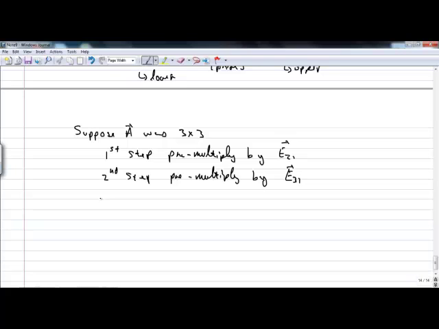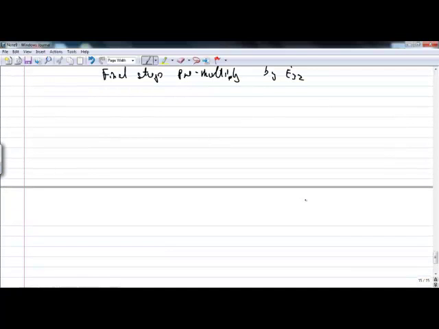And our third and final step is to pre-multiply by E32. So this gives us the equation E32 times E31 times E21 times A is equal to U.